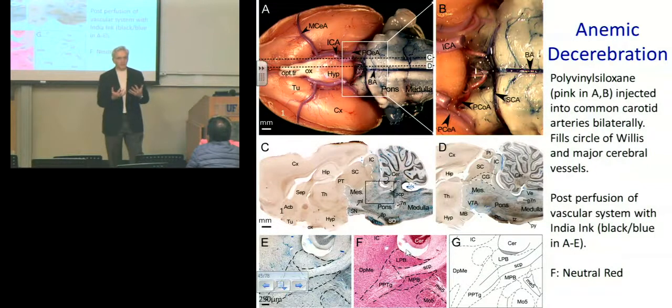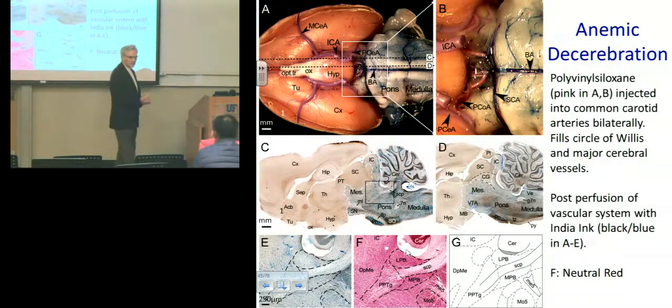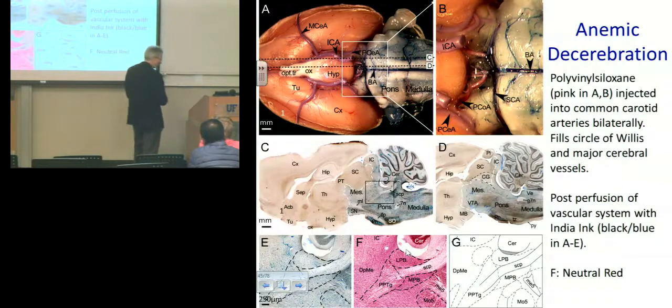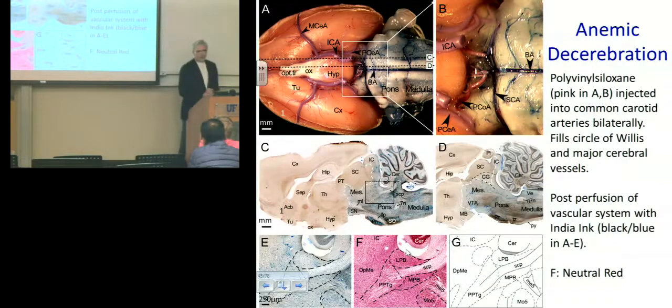It will fill the carotid arteries, obviously, and the circle of Willis, and the largest blood vessels coming off the circle of Willis. But if you carefully control the amount you inject, you don't fill up the more caudal aspects. So the caudal aspects of the posterior communicating artery aren't filled, nor the basilar artery.